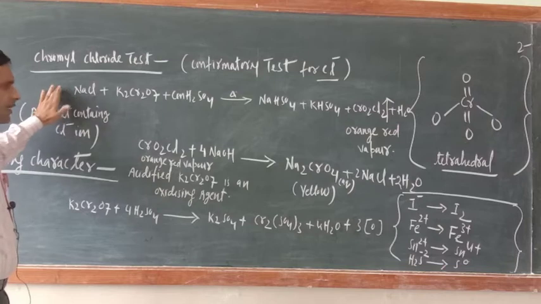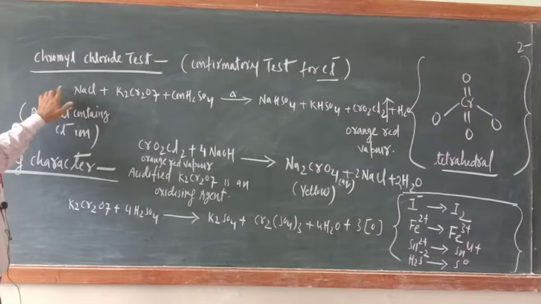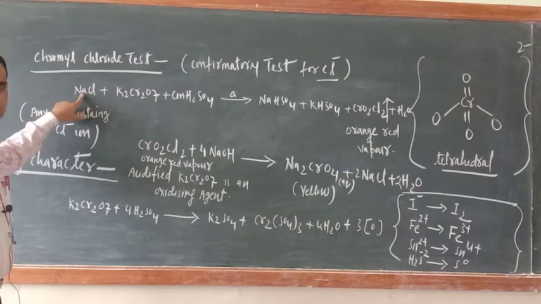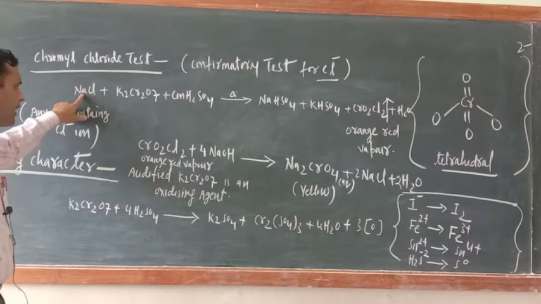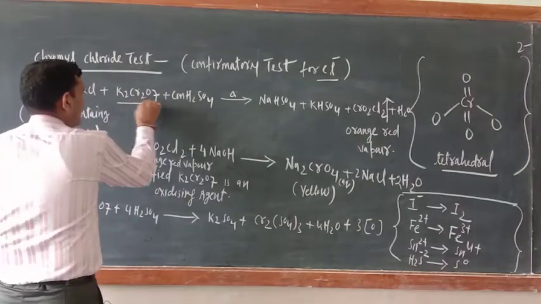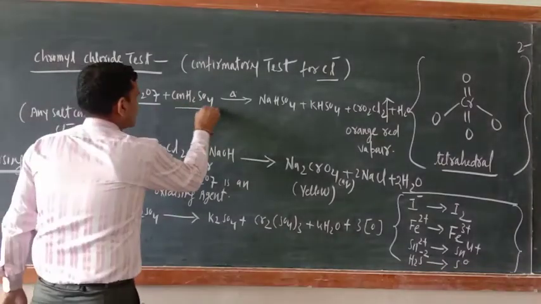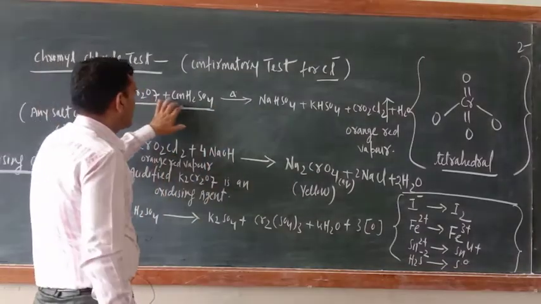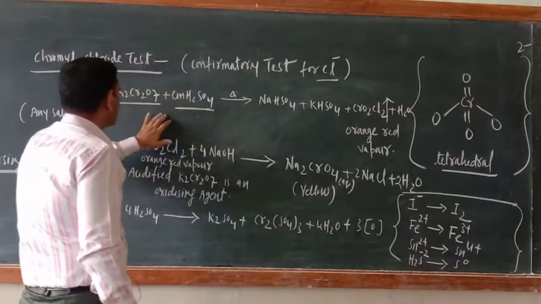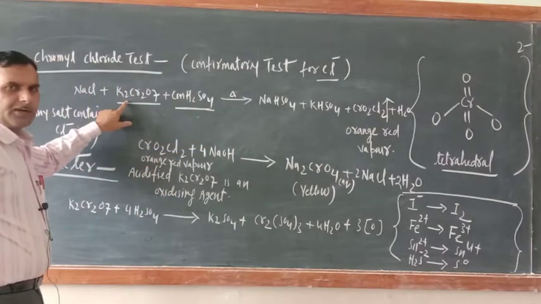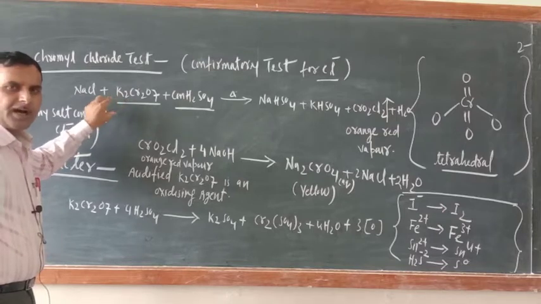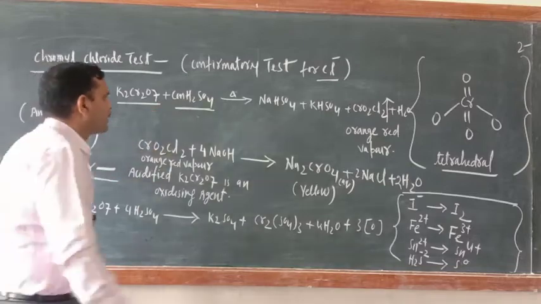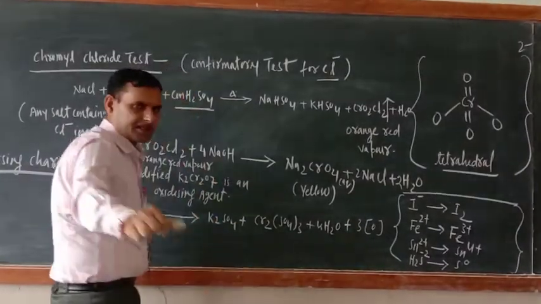In the chromyl chloride test, we take one salt containing chloride ion, so NaCl is the best, then potassium dichromate and concentrated H2SO4. K2Cr2O7 in solid form only you add to the test tube along with concentrated H2SO4, and you heat the test tube moderately.